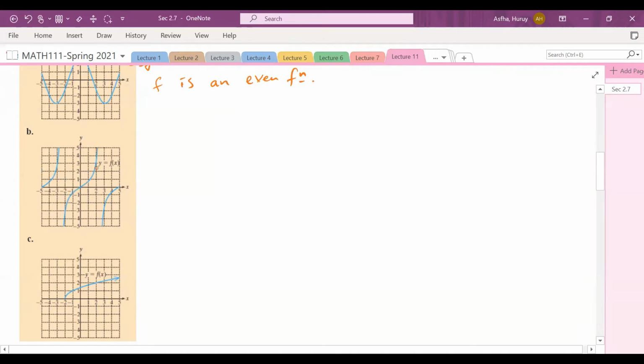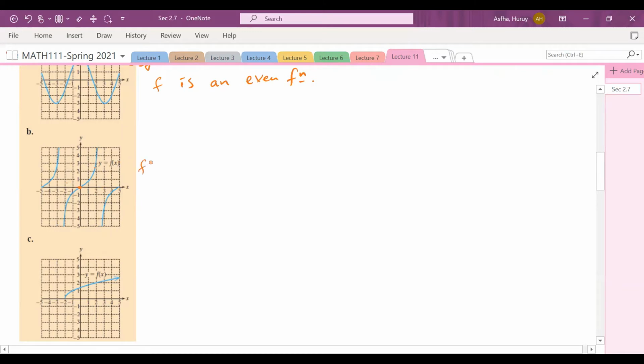And definitely, this line is symmetric with respect to the origin. Again, if I reflect this one to the other side, assuming this origin is our mirror now, then we get this image. So this is an image of this one, and this part is an image of this part.